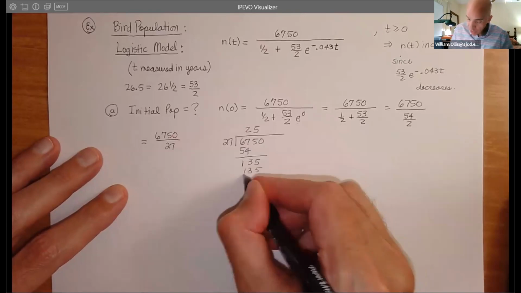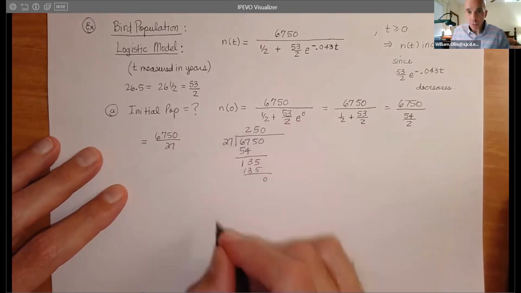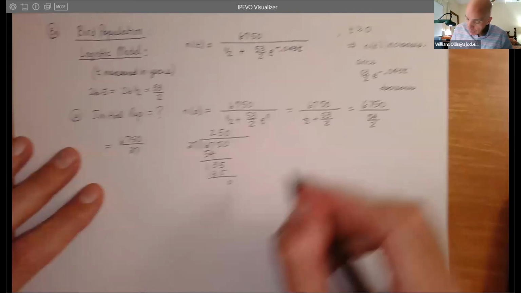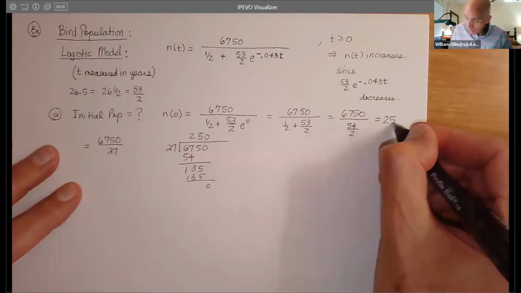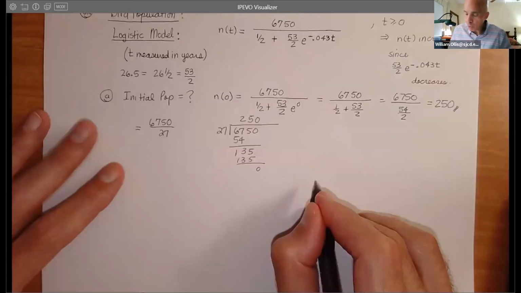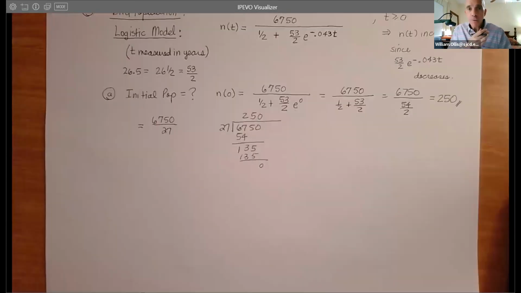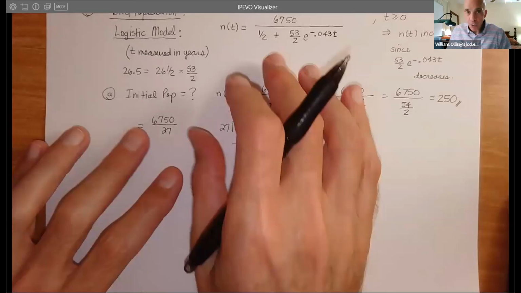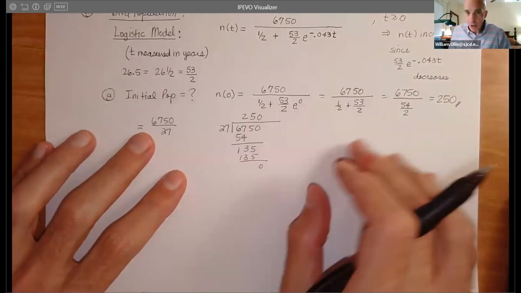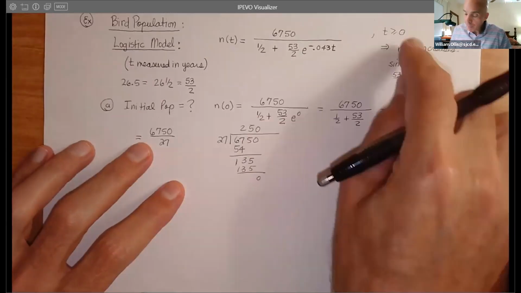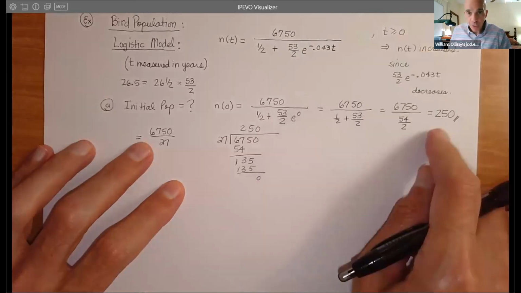And then, of course, we have a 0. So that gives us 250. So those numbers turned out to be nice and beautiful there. No fringe. So when we look at this particular model, we see that the initial population when we start measuring time is just 250 birds.